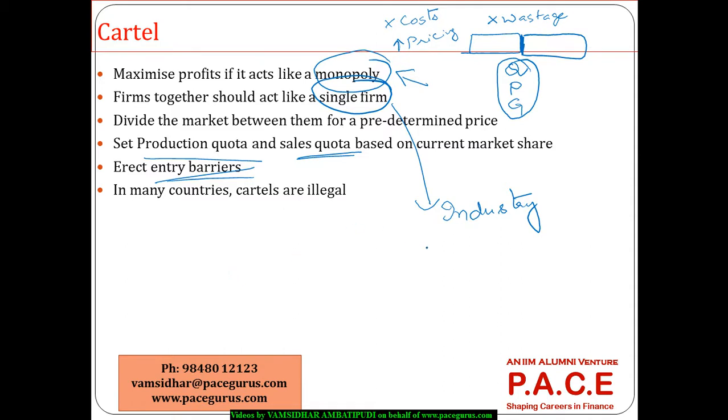Together, their size becomes much, much higher, so that it becomes very difficult for any new firm to enter into that business. All these things will maximize the profits for the oligopolists. They are literally acting like a monopoly virtually. So generally in the majority of the countries, this is illegal.